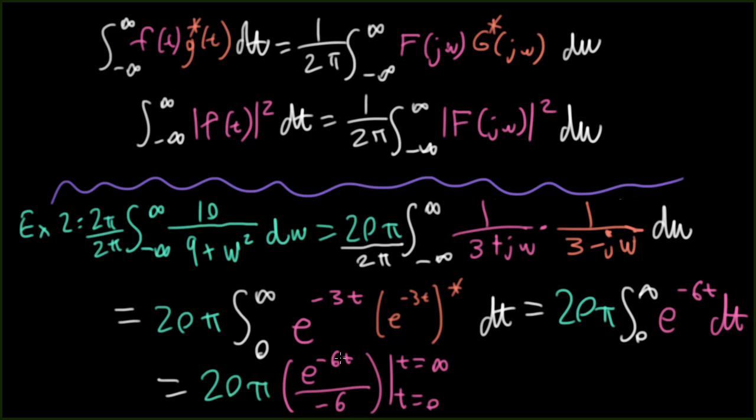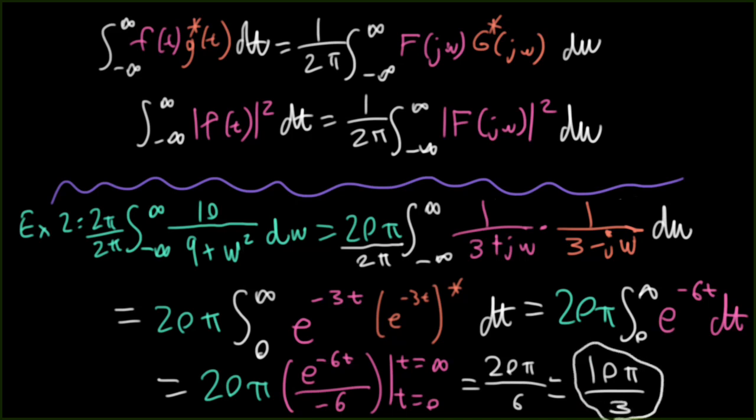When I evaluate it at t equals 0, e to the 0 is just 1. And it's the lower limit, so the minus goes away, and I wind up with 20 pi over 6, or let me write this as 10 pi over 3. And there you go. Okay, that's enough examples for now.